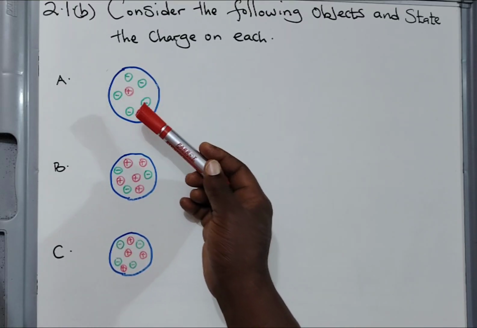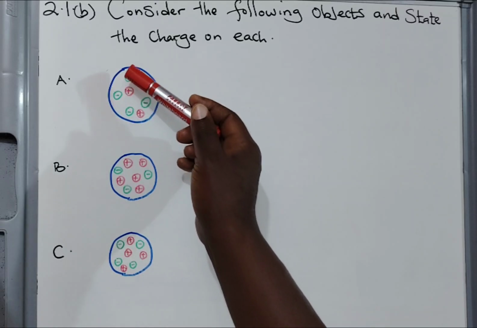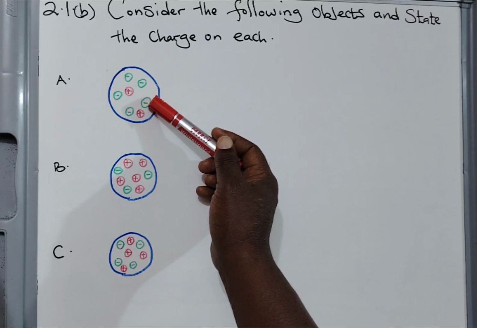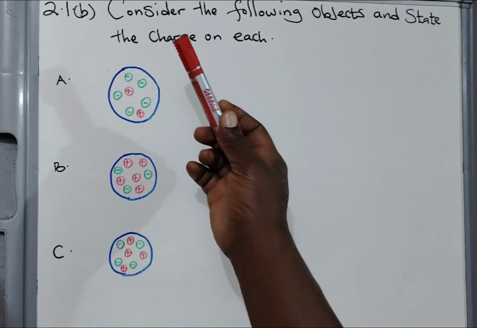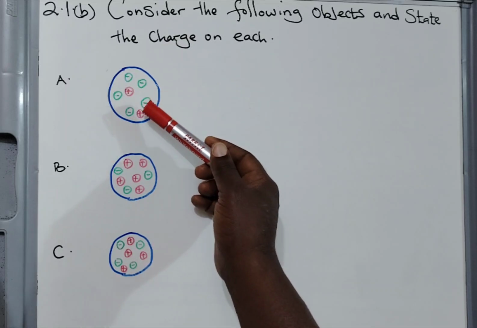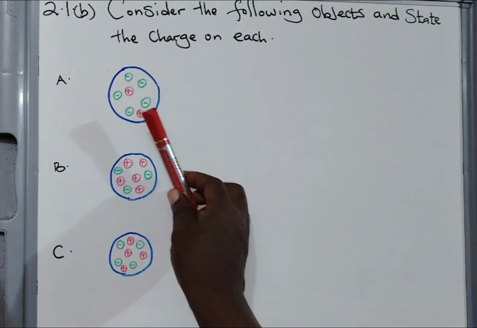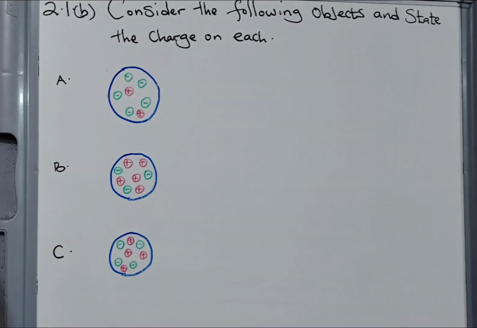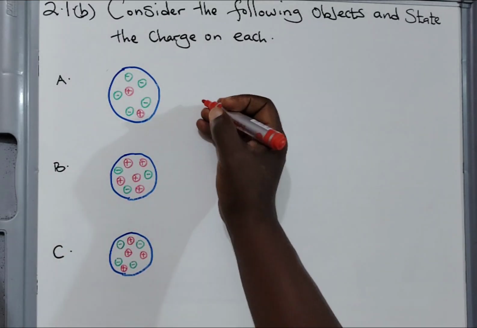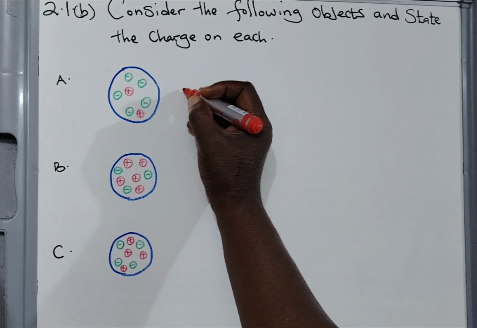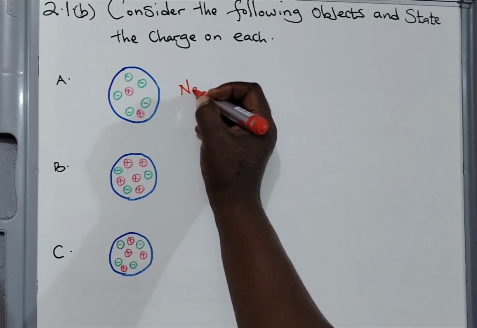For this case, how many negatives do you have? 1, 2, 3, 4, 5. And how many positives? 2. The charge is determined by which is bigger. So for this case, negative is bigger. So the object is negatively charged or negative.